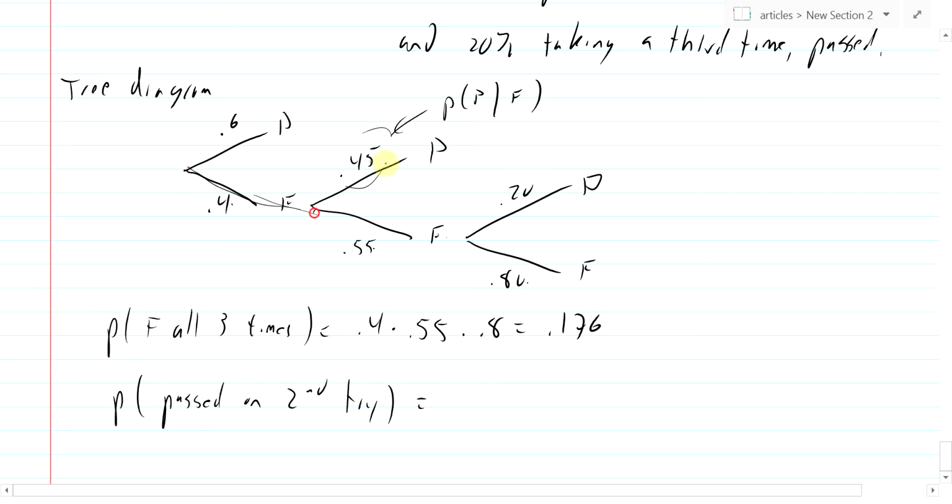Well, that's this branch. 0.4 times 0.45, which is 0.18. So 18% of the people actually fail the first time and pass the second time. 17.6% of the people fail all the way through. 60% of the people pass right away.